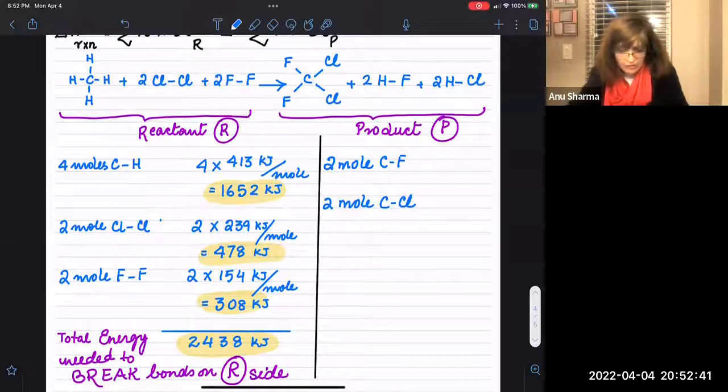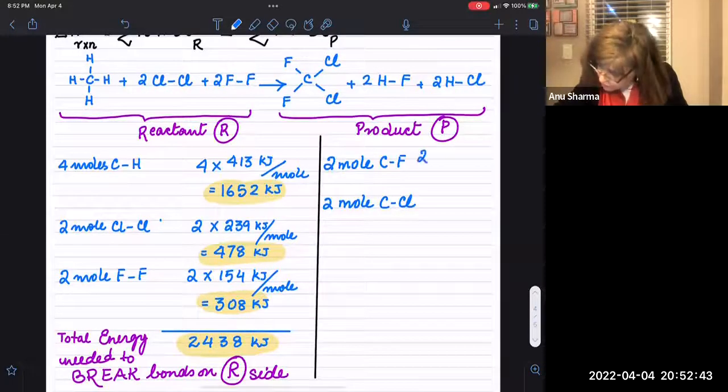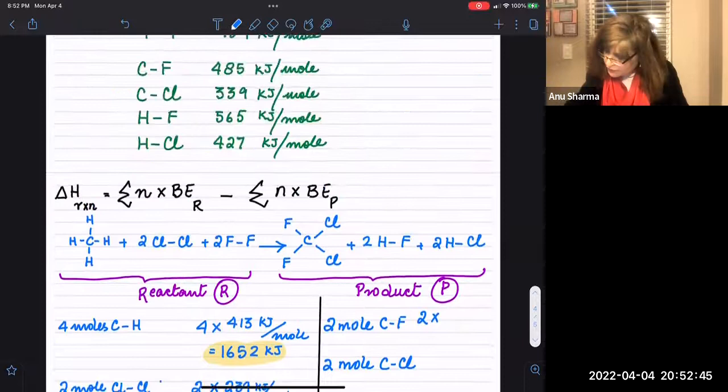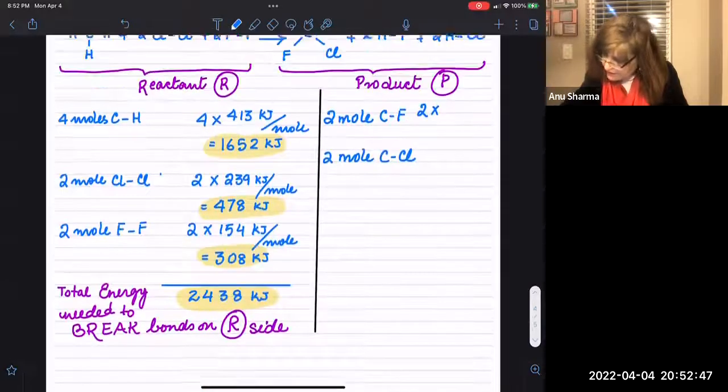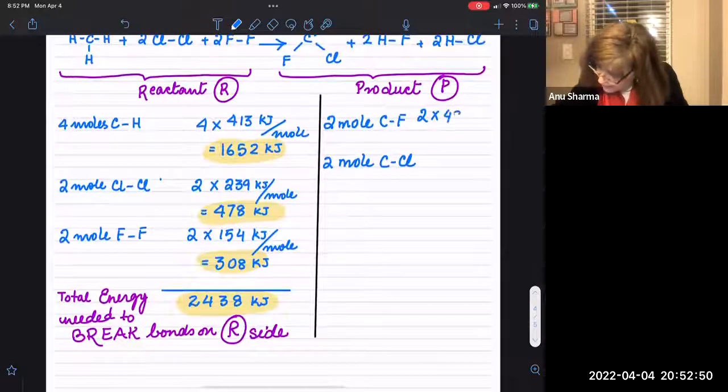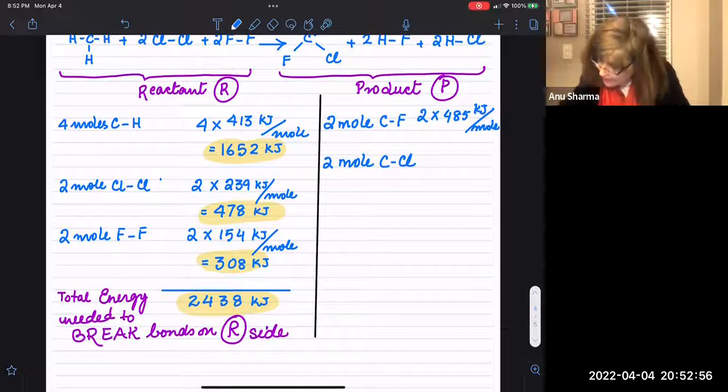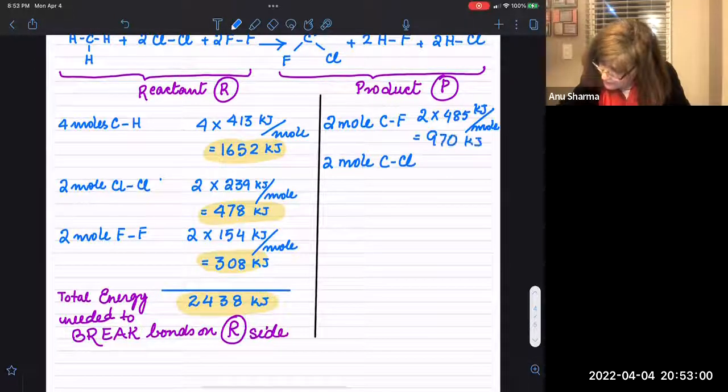So 2 times the carbon fluorine is 485 kilojoules per mole, which comes out to be 970 kilojoules.